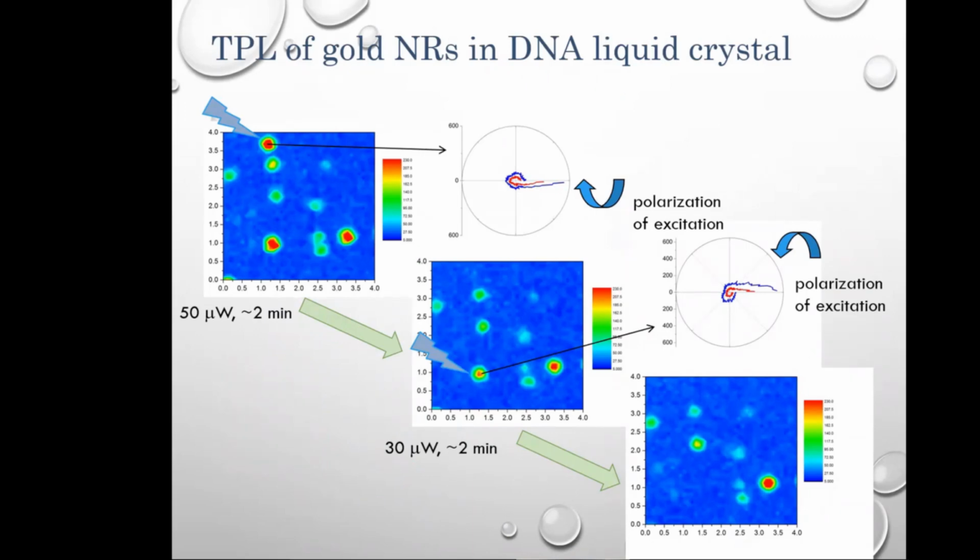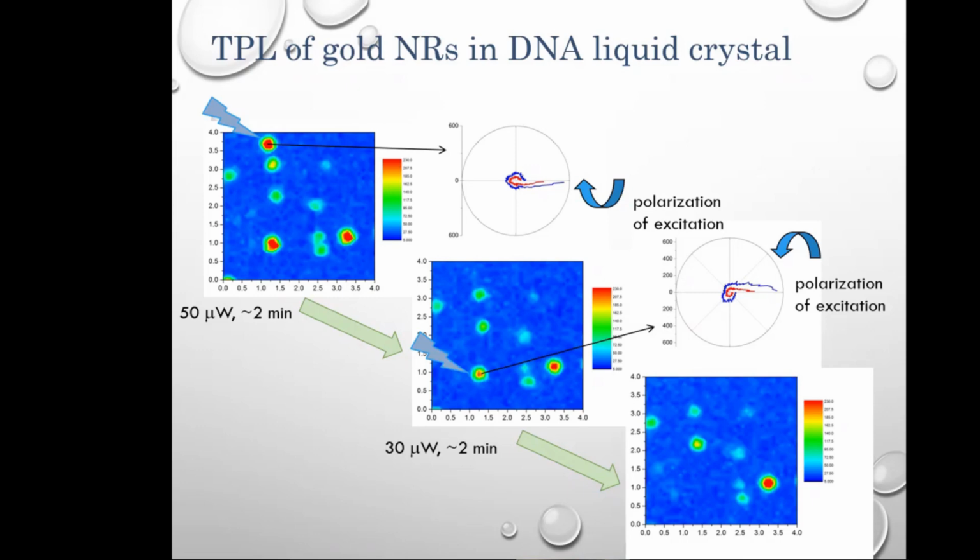While working with gold nanoparticles embedded into the DNA liquid crystal, we saw an interesting feature: while trying to observe a single nanoparticle, we saw it disappearing after only 2 minutes at 50 microwatts laser power. This is the polar graph where we saw this disappearance, and we tried it in several places, and each time it's the same story.